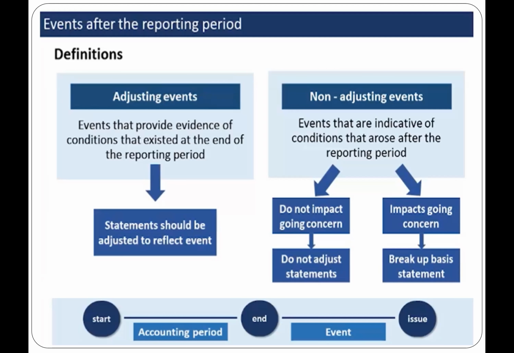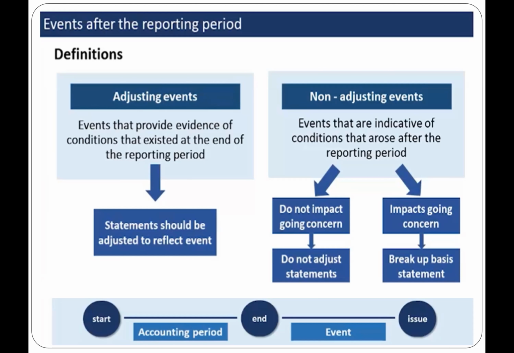So we must go back to the inventory figure and change it from 200,000 to 150,000 to reflect the fact that the stock worth 50,000 is not there because it was stolen. We go back and adjust, because even though we came to know about this after the reporting period, this condition actually existed before the year ended.